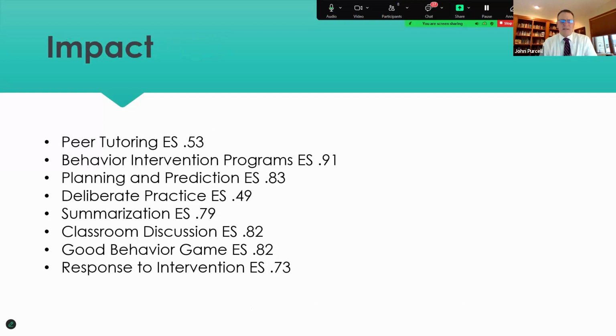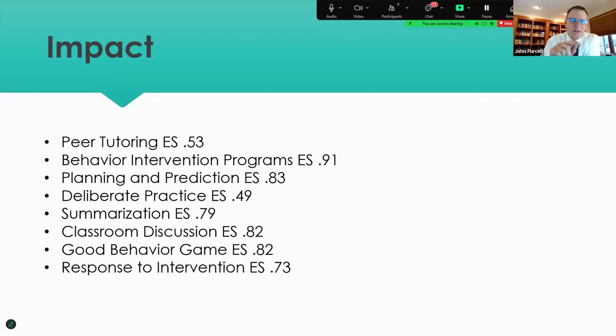So other impact, and the reason I'm quizzing you on these and I'm showing you these, we've looked at peer assisted learning strategies for reading, different types of reading strategies, and in mathematics. Went through those in 90 minutes, not enough to really get into detail, but to whet your appetite.